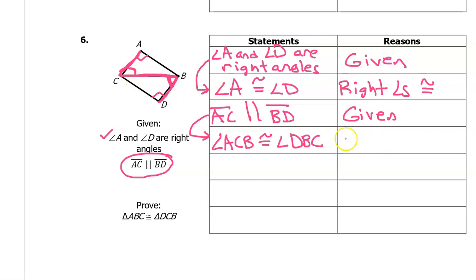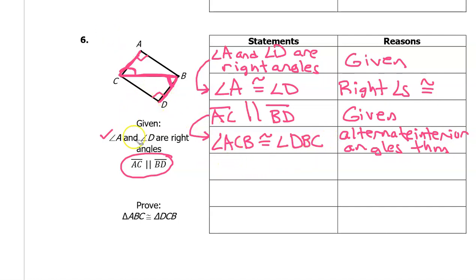So we are going to put alternate interior angles theorem. All right, if it forms a letter Z, it's the alternate interior angles theorem. If it forms an F, then it's corresponding angles theorem.